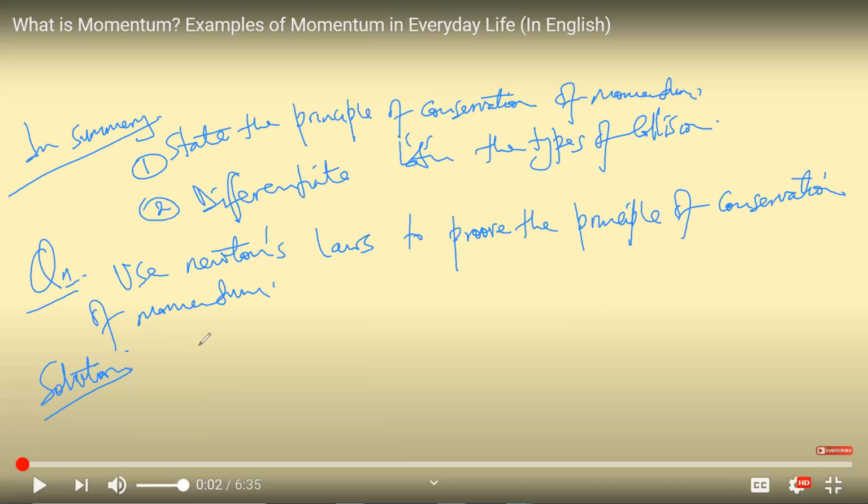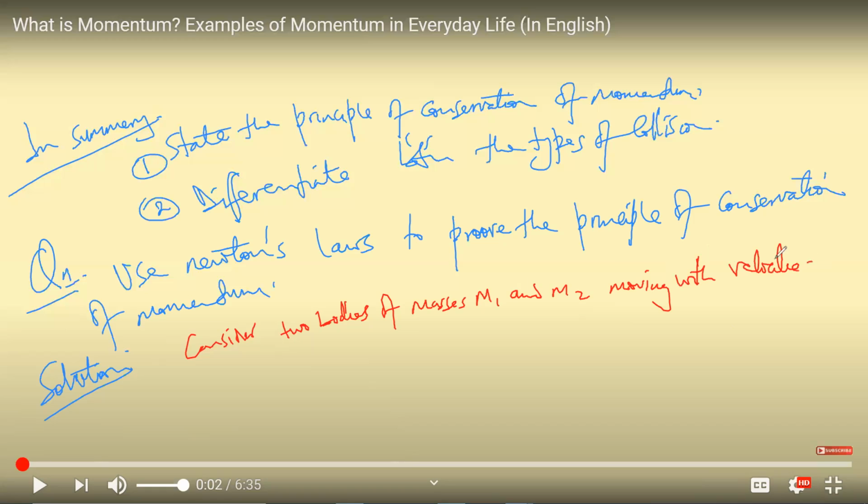So we shall say that consider two bodies of masses M1 and M2 moving with velocities U1 and U2.